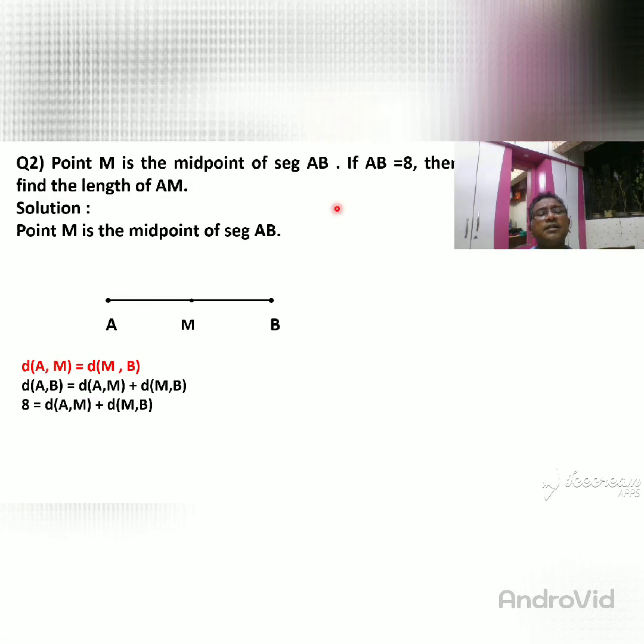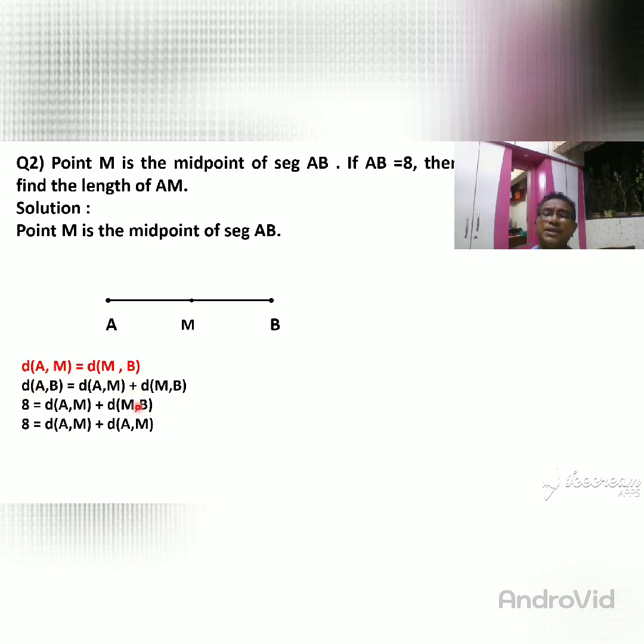Here it is written that the distance A to M and the distance M to B are equal. So the distance AM plus the distance MB is written because they are given. So AM is congruent with MB.